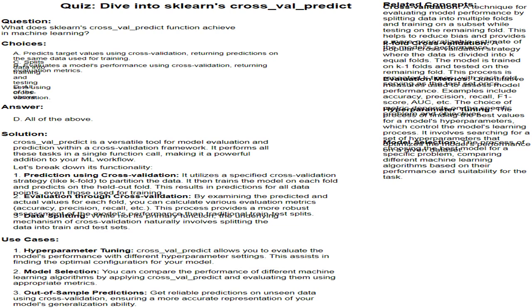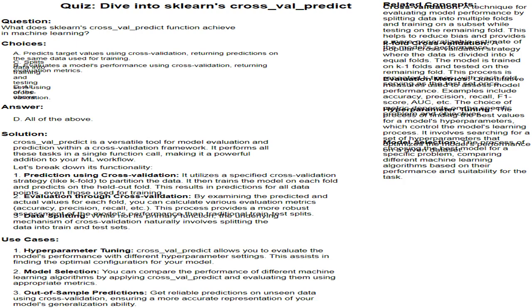True. Cross-val predict is a versatile tool for model evaluation and prediction within a cross-validation framework. It performs all these tasks in a single function call, making it a powerful addition to your machine learning workflow.